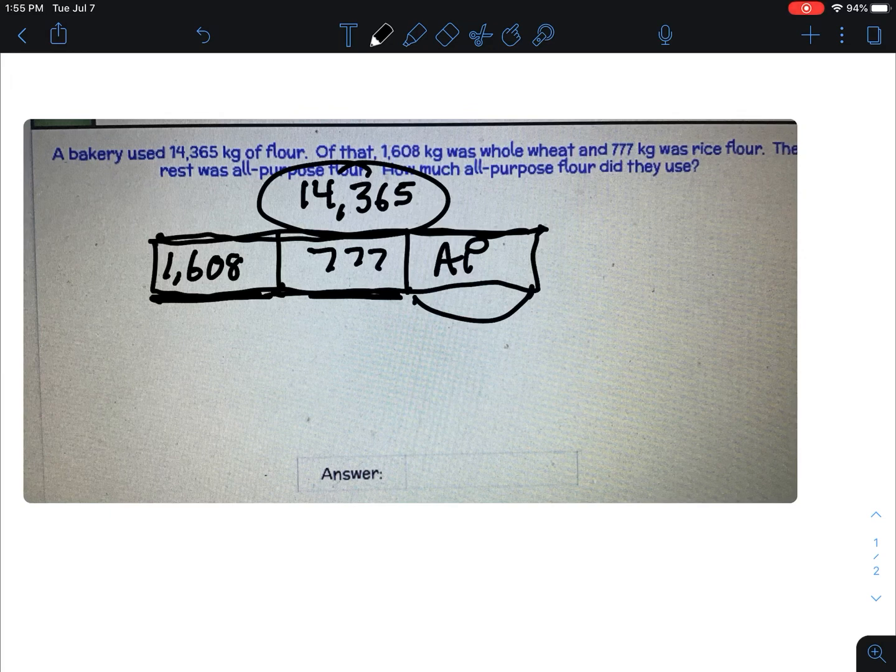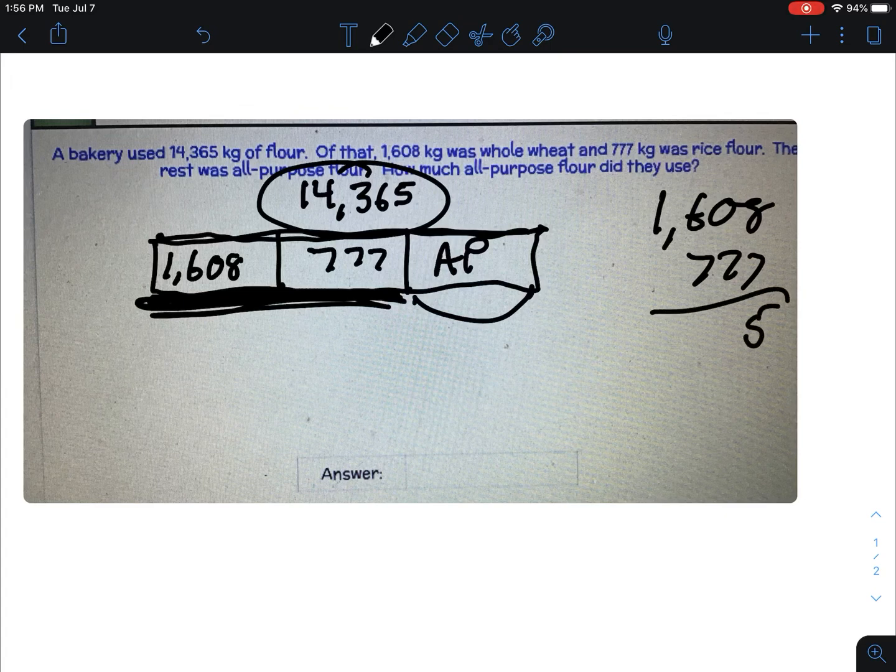So to figure out what's missing, you have to figure out what you know so far. So I know this much of my tape diagram. So what you do first is you add those two together. Okay, so these two kinds of flour total 2,385 kilograms.